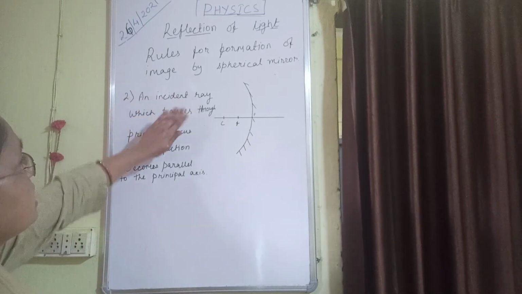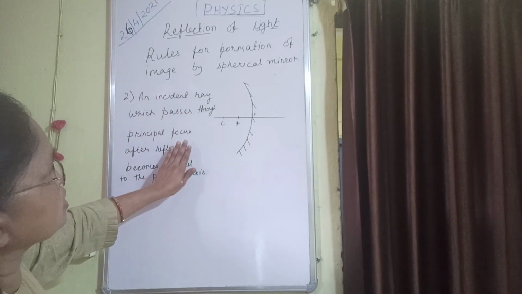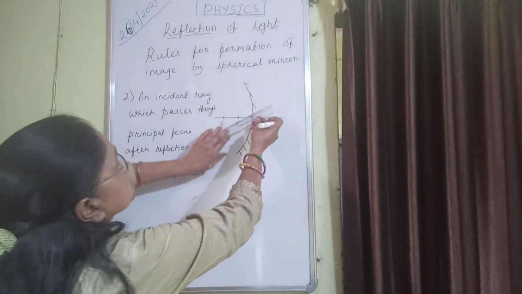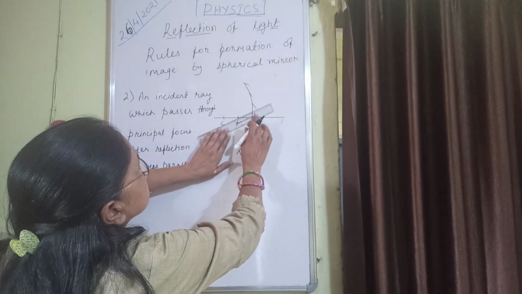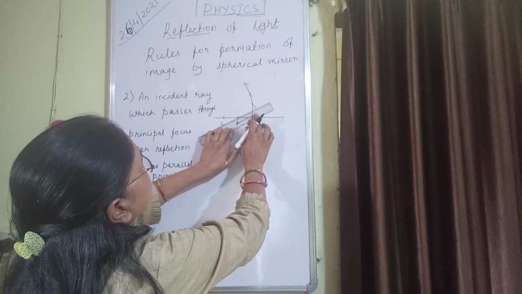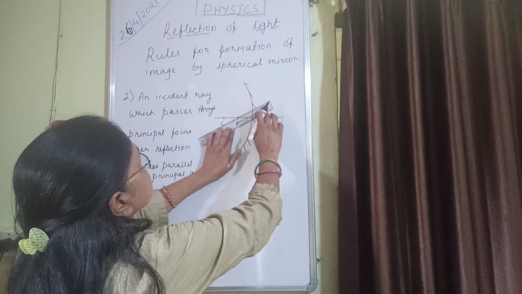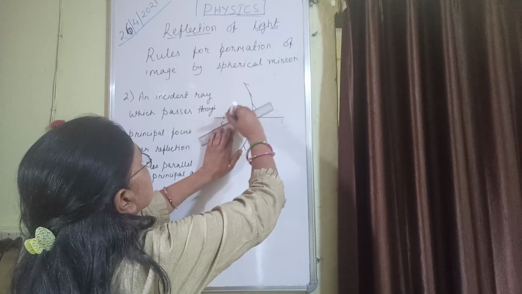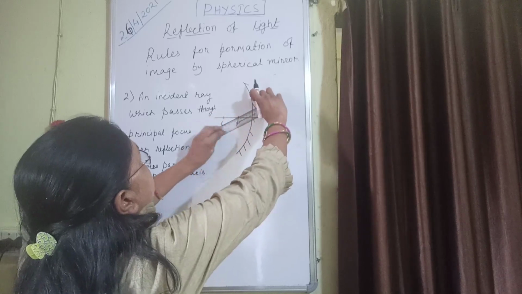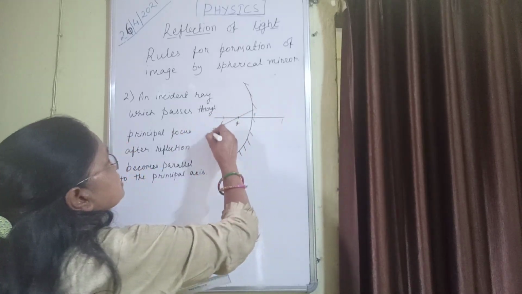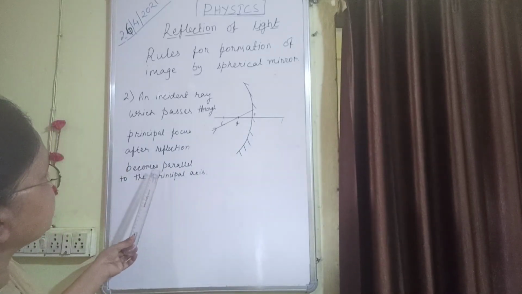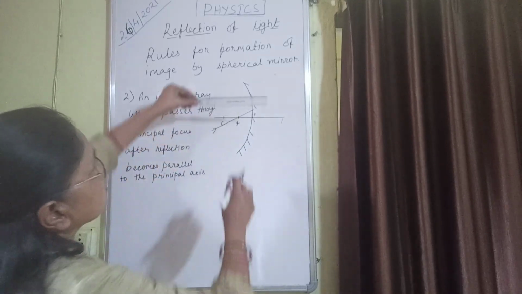An incident ray which passes through principal focus. So you take any incident ray and it passes through principal focus. It passes through, say, this. This is the incident ray. After reflection it becomes parallel to the principal axis.